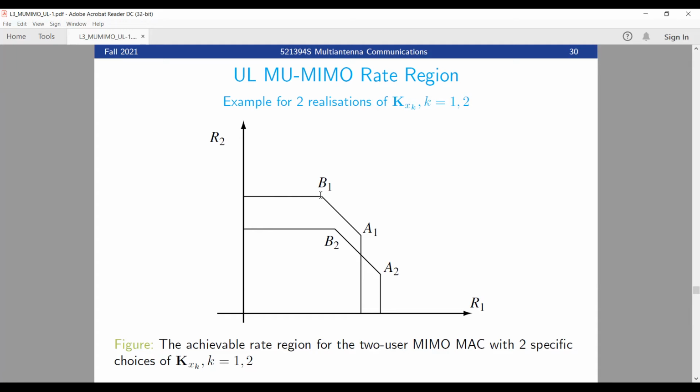In fact, this happens to be also better from the user 1 perspective. But if you want to give absolute priority to user 1, right, this point, for example, then you should choose the second set of covariance matrices.